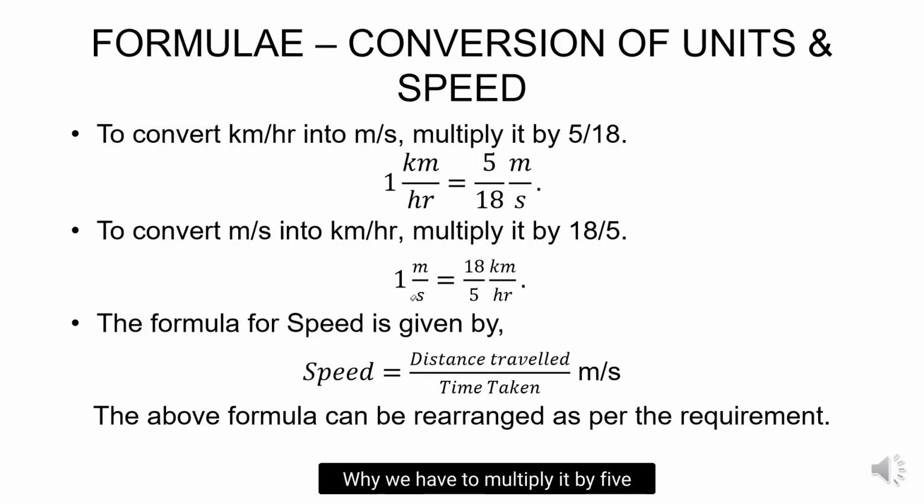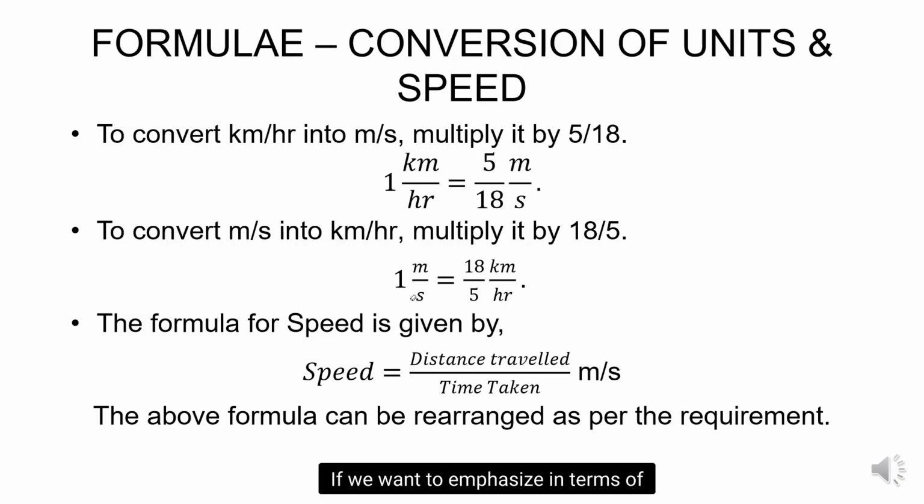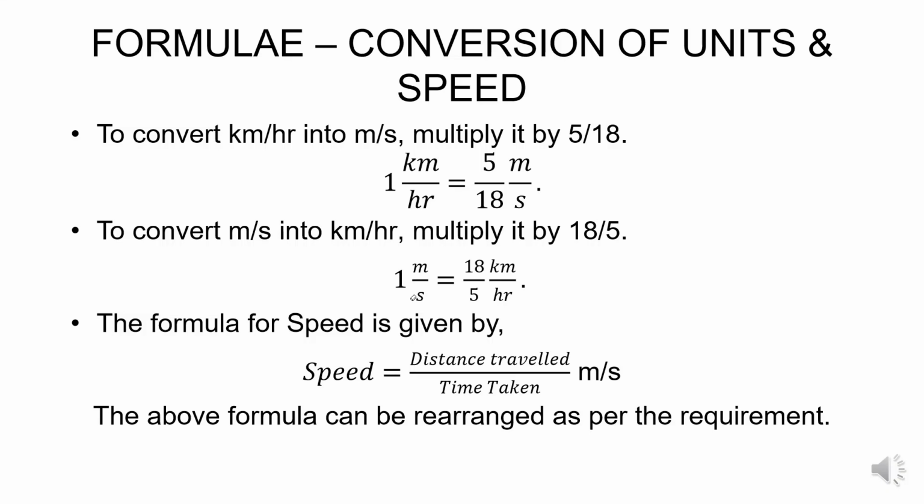Why we have to multiply it by 5 by 18 is because we are converting kilometer per hour into meter per second. So, if we want to emphasize kilometer in terms of meter, 1 kilometer is equal to 1000 meters. And 1 hour, if we want to emphasize in terms of seconds, will be equal to 3600.